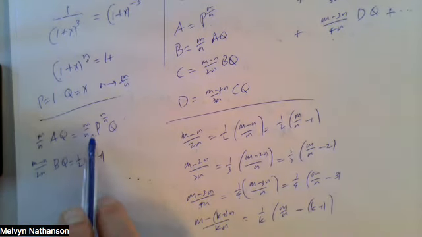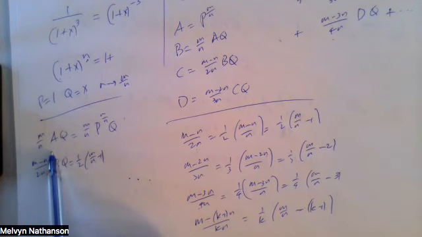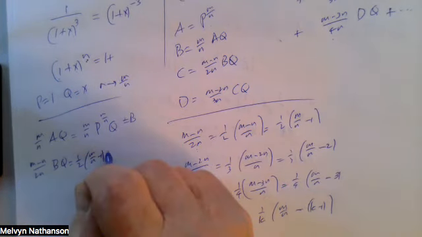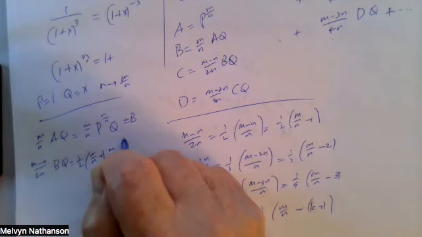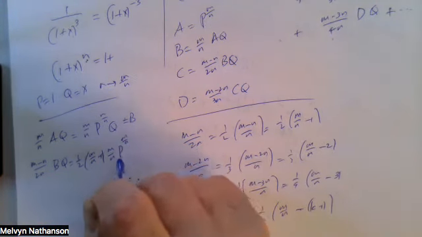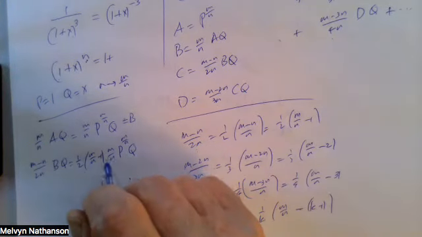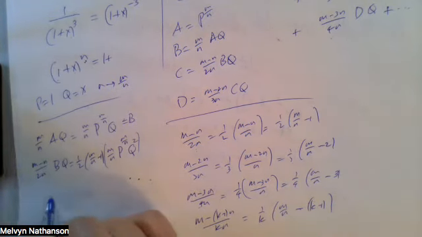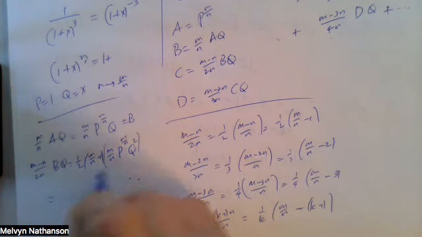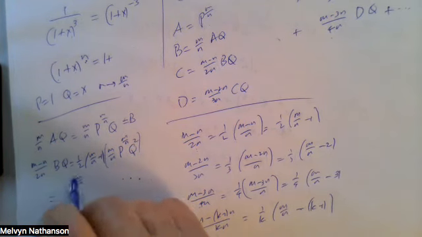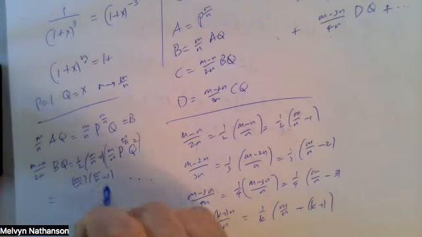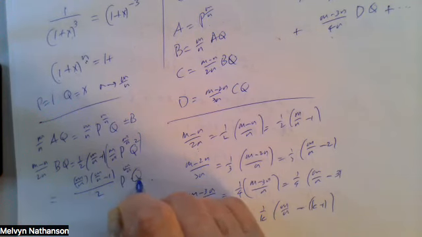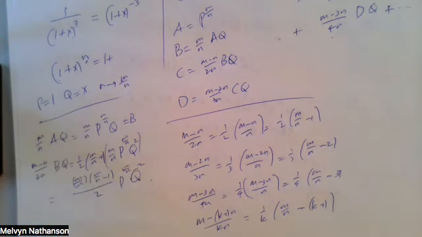This is b, right? m over n, p to the m over n, q times q makes that q squared. So this is (m over n minus 1) over 2, p to the m over n, q squared.